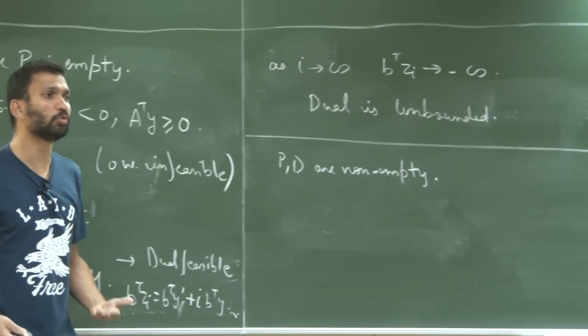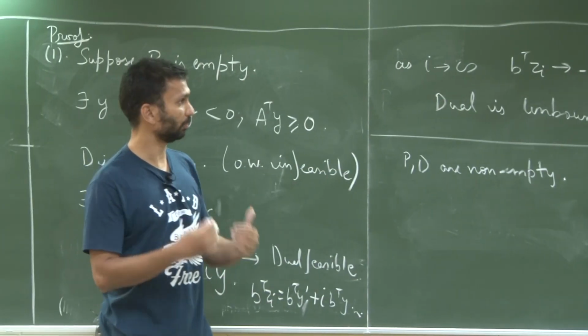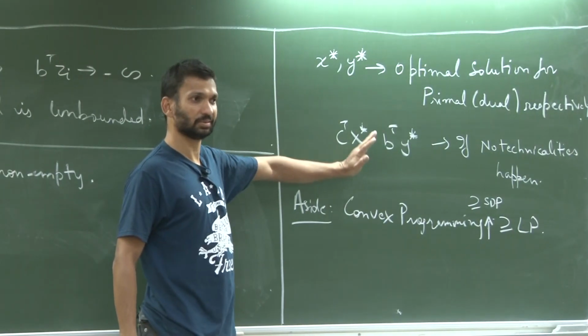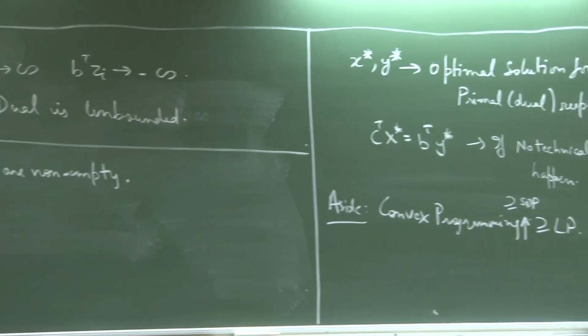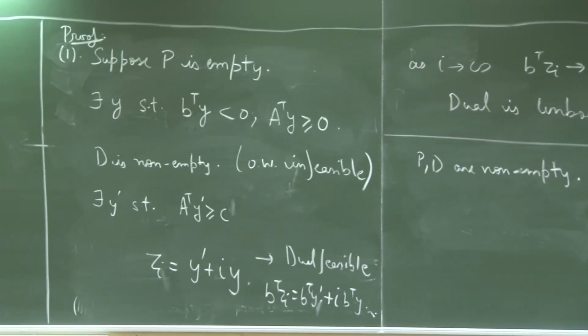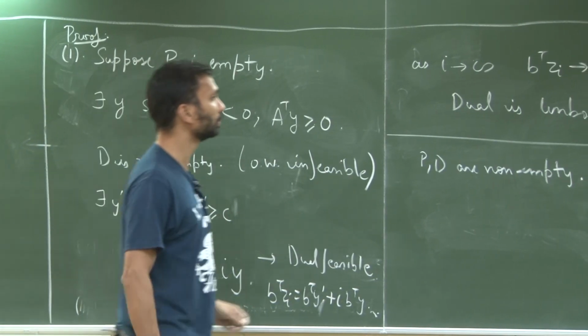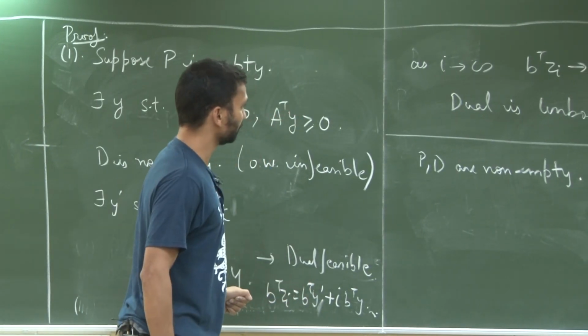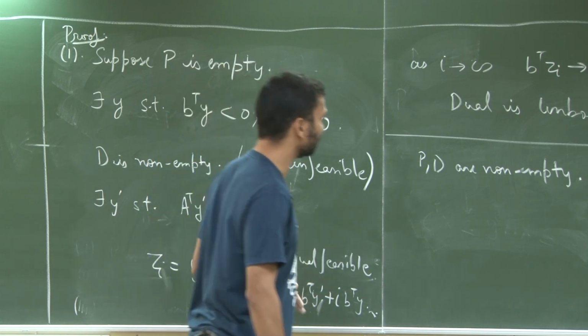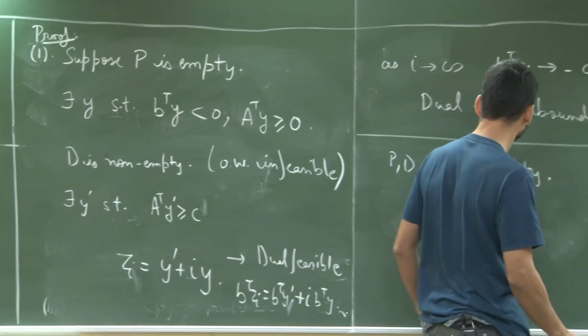Now I want to prove that both the values agree. This is my target. This is the interesting part of the proof. Okay, technicality is over. This is the main part. So let's focus.